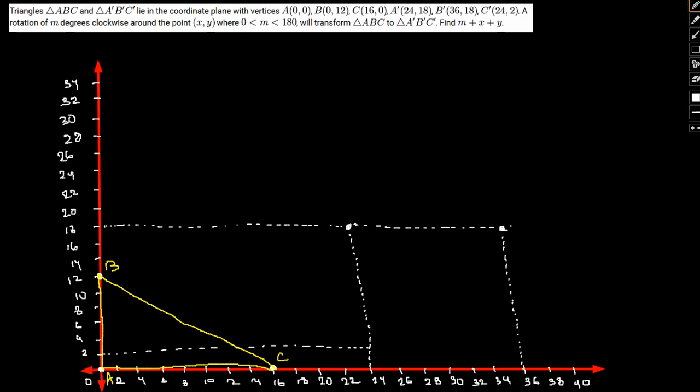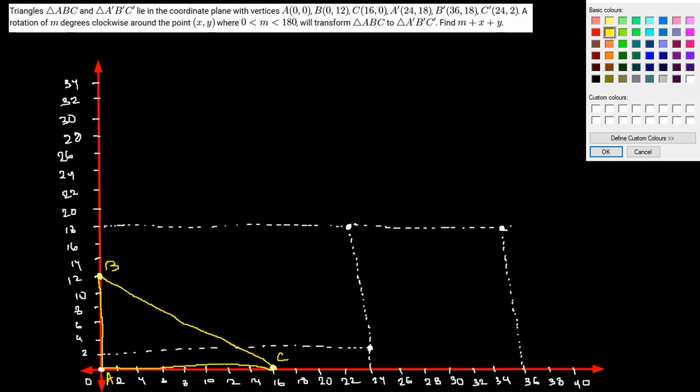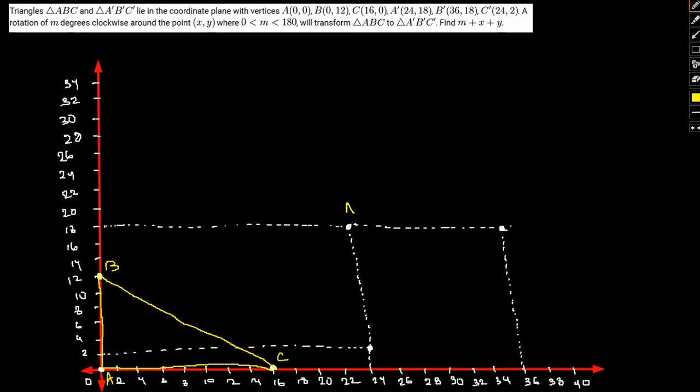So this is A dash, this is B dash, and this is C dash, and I'm drawing the triangle. Okay, so these are my two triangles.